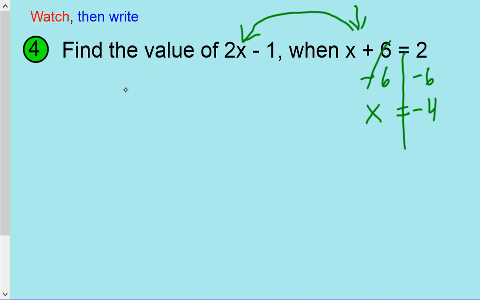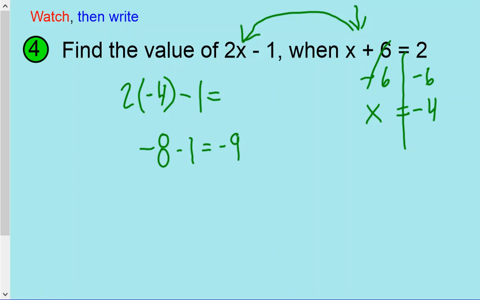So it would look like 2 times negative 4 minus 1. And 2 times negative 4 would be negative 8 minus 1. Negative 8 minus 1 would equal negative 9.